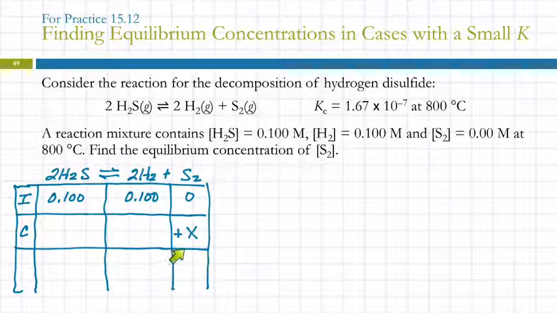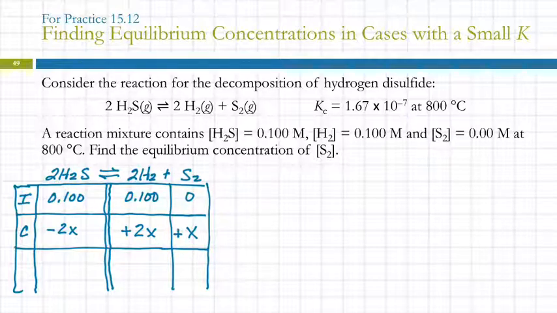So if this is increasing by x, then what's happening to the H2? It's increasing by 2x. And what's happening to the H2S? Decreasing by 2x. Okay? This is our dividing line between reactants and products.